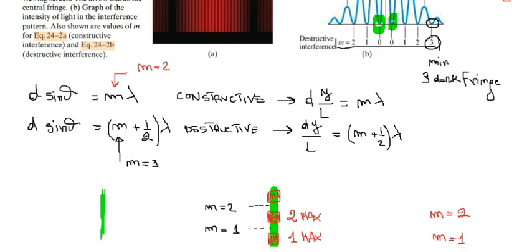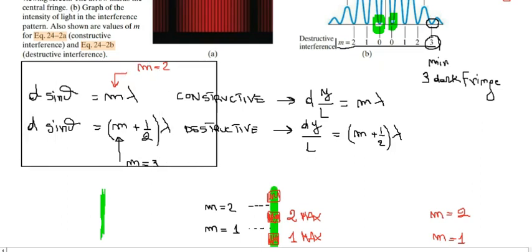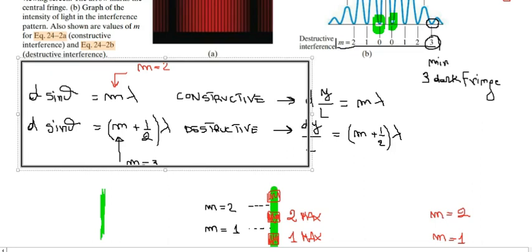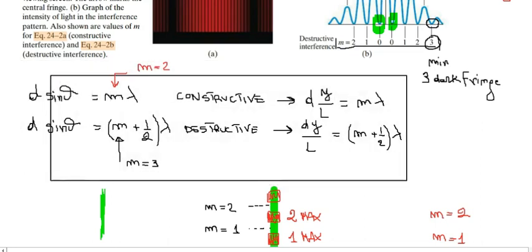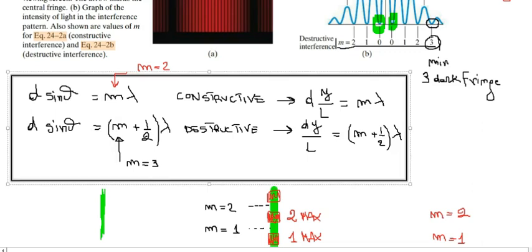And essentially these two formulae are the ones important for the interference pattern. Let me put them in a box, where m again is an integer number that can be 0, 1, 2, etc.